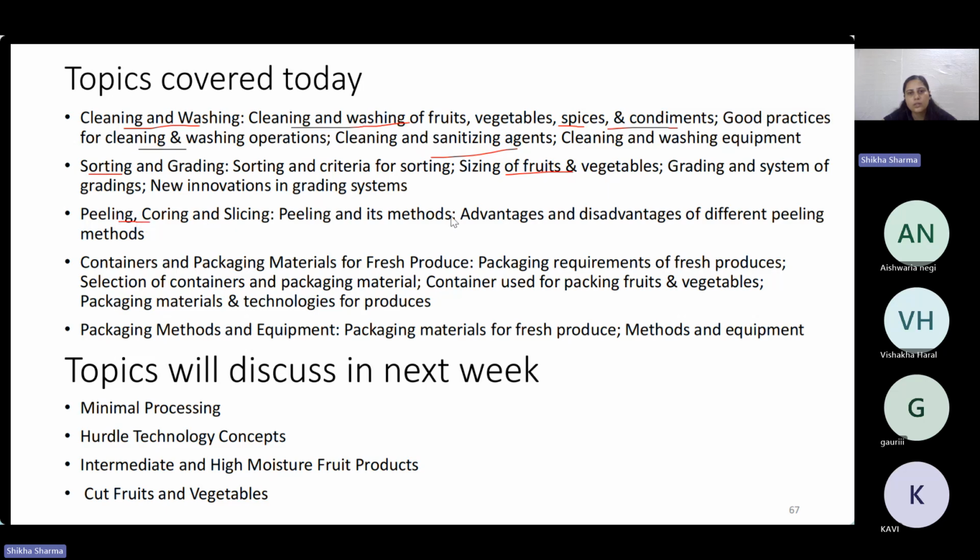Then we discussed what peeling is and different peeling methods, and packaging, CFB, plastic packaging and flexible packaging materials. At the end we discussed the storage of the food product. Next week we will be talking about minimal processing and hurdle technology, intermediate and high moisture foods, and then cut fruits and vegetables.